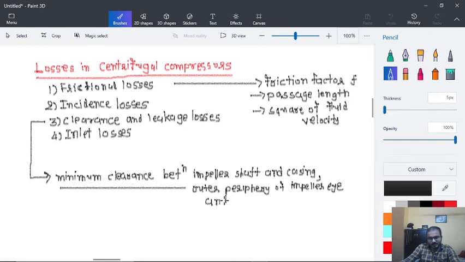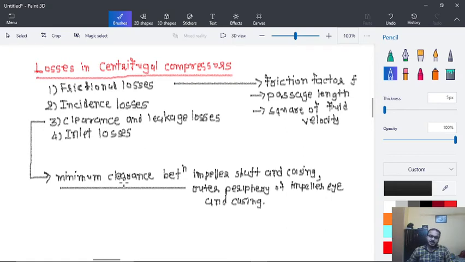These are the constructional restrictions, I would say, that there is necessity of keeping these clearances, otherwise they will rub with each other at very high speed. So this minimum clearance is mandatory while designing the centrifugal compressor.